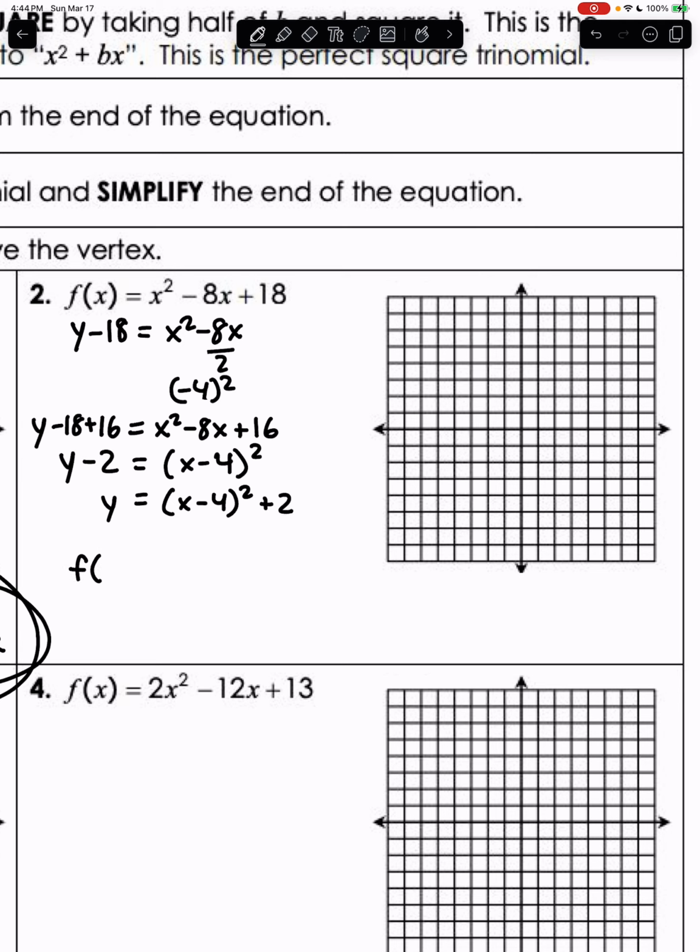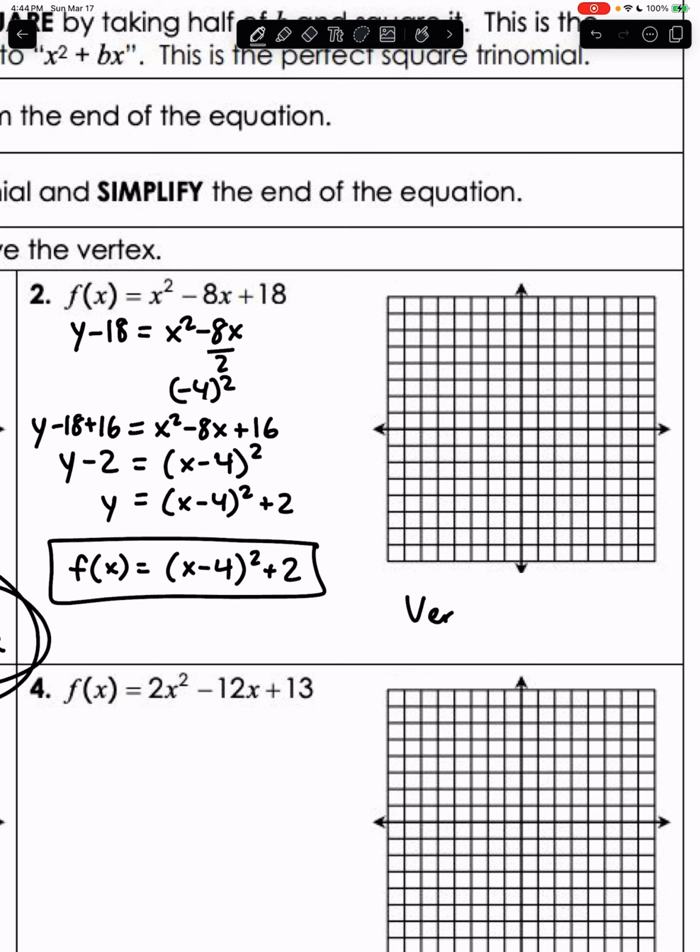You could choose, should you want to, to leave this as f of x from the beginning and just never write it as y. And that's totally cool. You don't have to write it as a y. I just chose to write it as y because I do know that some students get confused with having x, f of x, and y. They get confused as to which one's x and y and all that. So I like to always switch to y, but you don't have to.